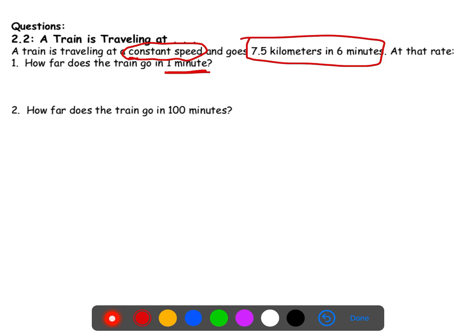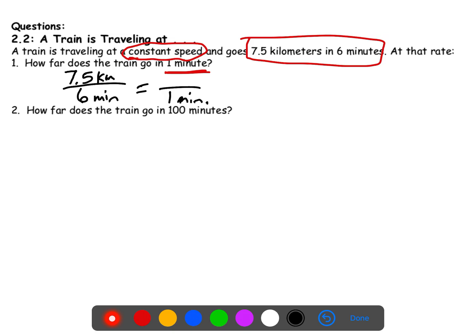Now we could create a proportion where we take our information from the problem. So that's 7.5 kilometers in 6 minutes. And we're going to compare that ratio to our unit rate that we're trying to find, or 1 minute.